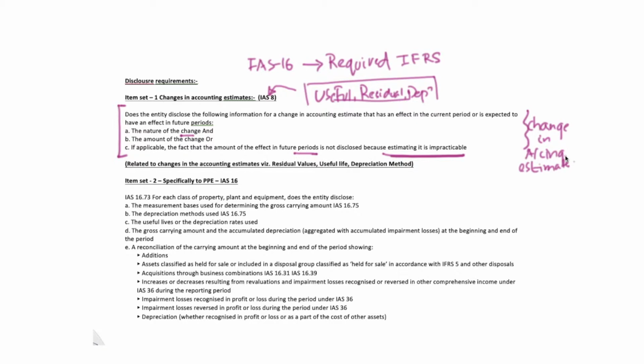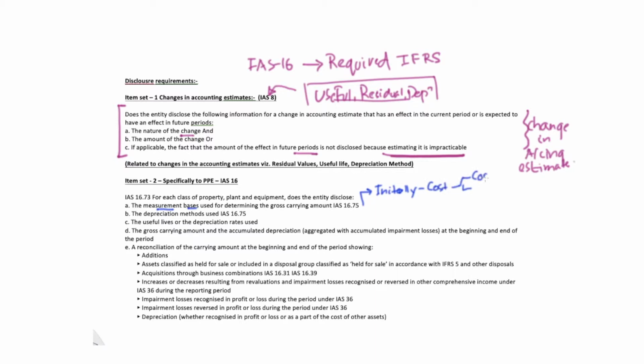Let's move on to item number 2 that deals specifically with property, plant, and equipment. The first thing the entity needs to disclose is the measurement basis used by the firm. For example, we discussed that initially all the PP&E is measured at cost, but subsequently they have two options.